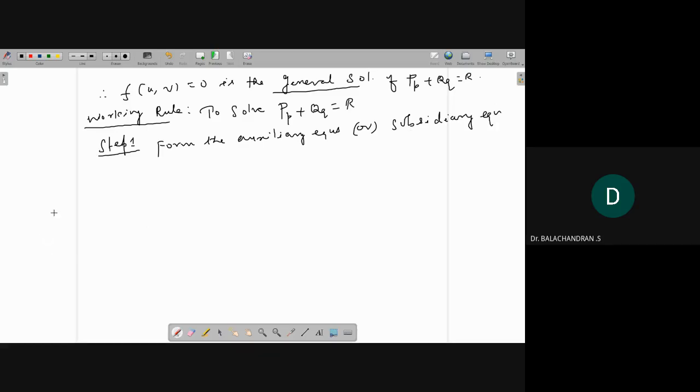Okay, so dx by capital P equal to dy by capital Q equal to dz by capital R. Actually, this is Lagrange's subsidiary equation.